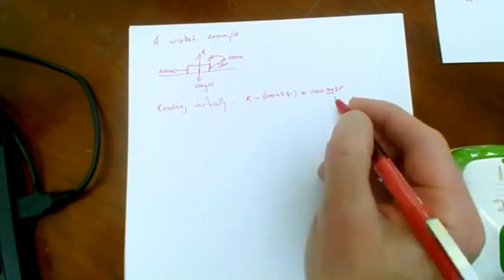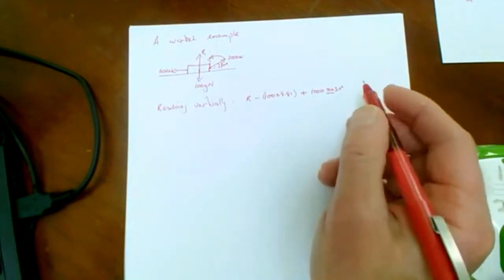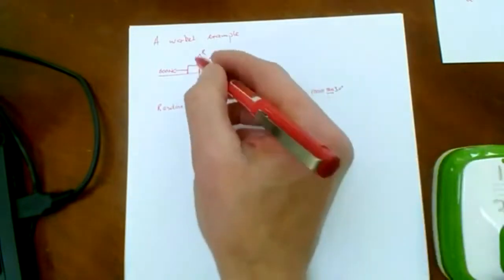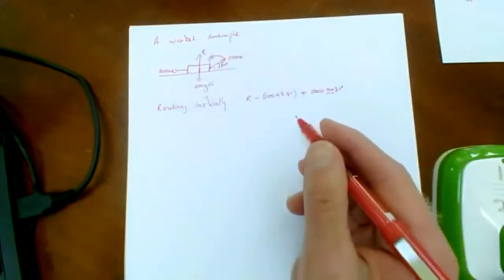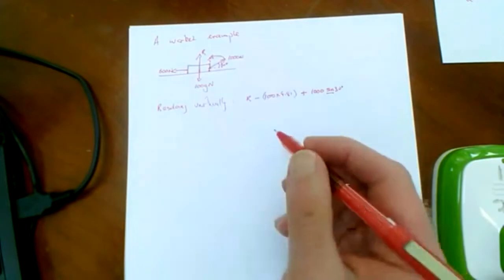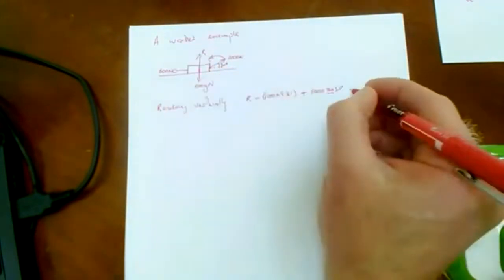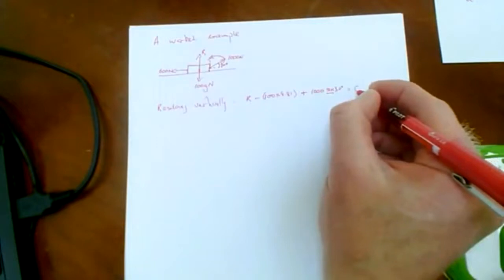So if we're going to say that there is no vertical force, let's just say this thing is not accelerating in the vertical direction at all, then that has to equal 0.